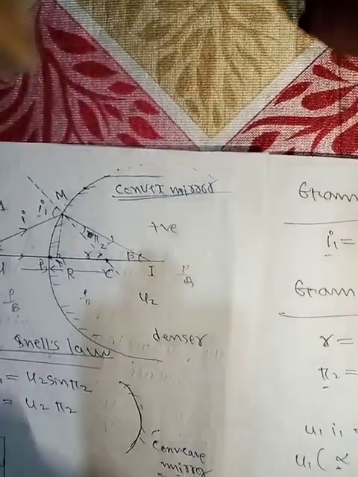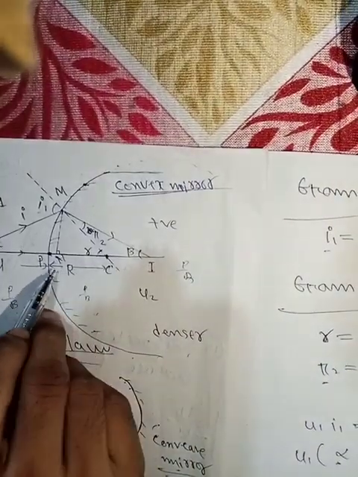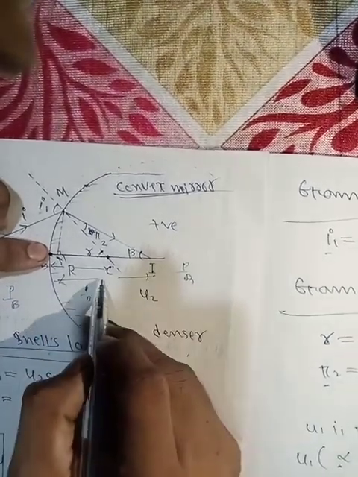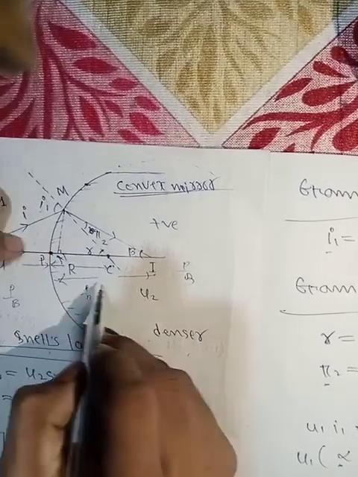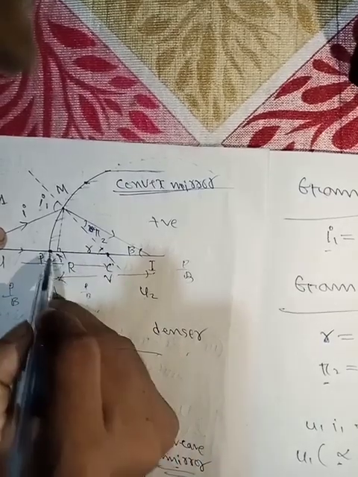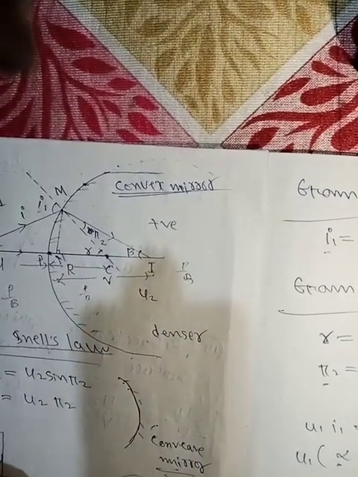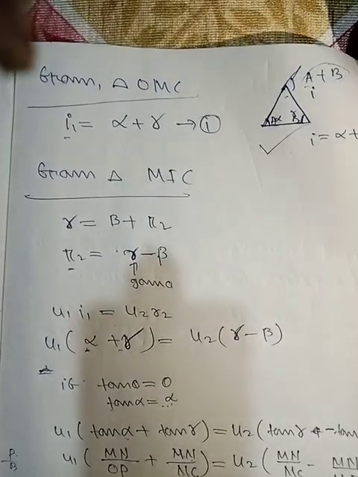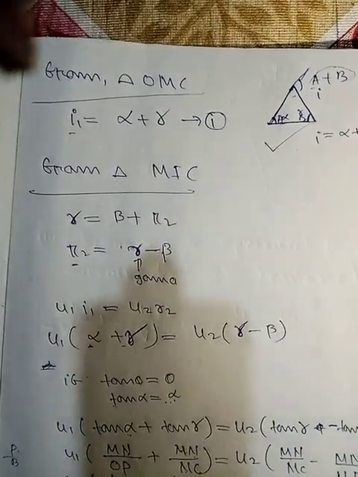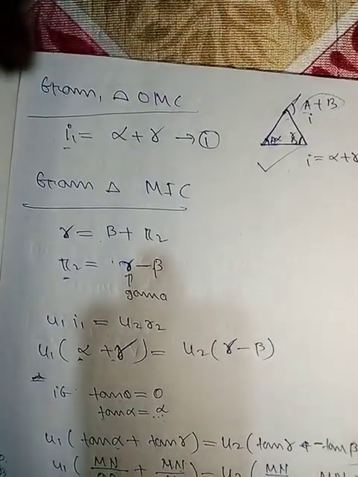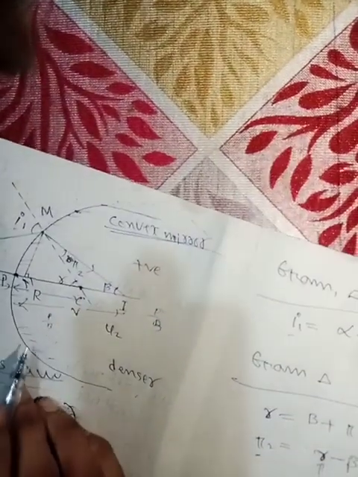And the distance from the pole to the image is called the image distance, which is called v. So the value of OP is u, and NC is called R.